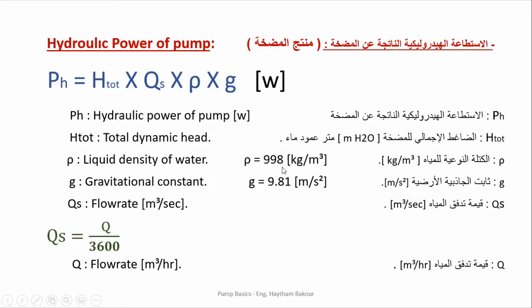Rho is 998 kilograms per cubic meter, and g is 9.81 meters per second squared. QS is Q divided by 3,600, so that the flow rate is converted from cubic meters per hour to cubic meters per second.